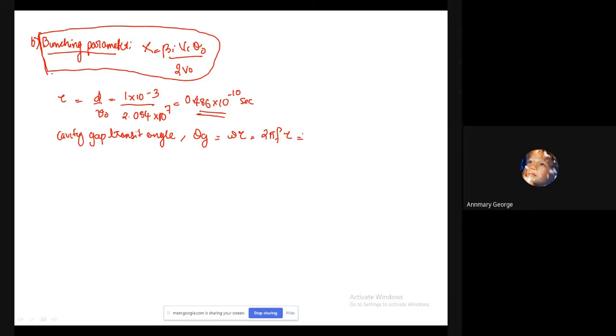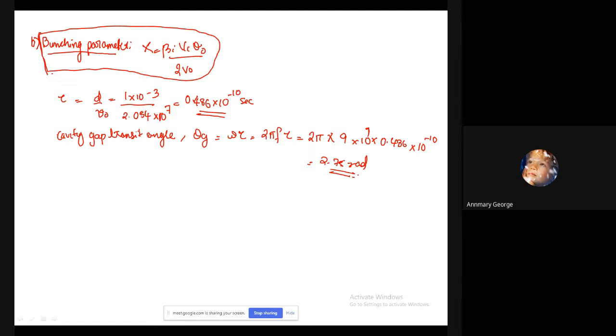Substituting, 2 pi into f, which is 9 into 10 raised to 9, into 0.486 into 10 raised to minus 10. This gives 2.75 radians.